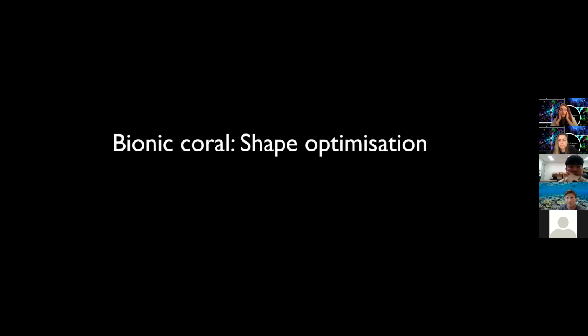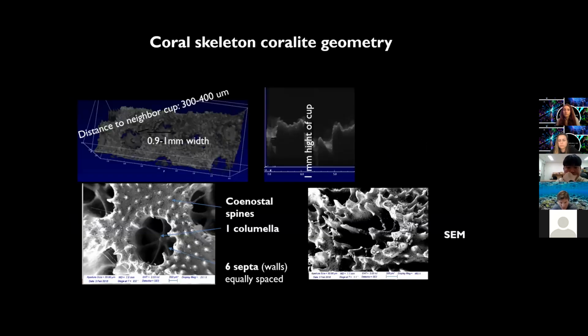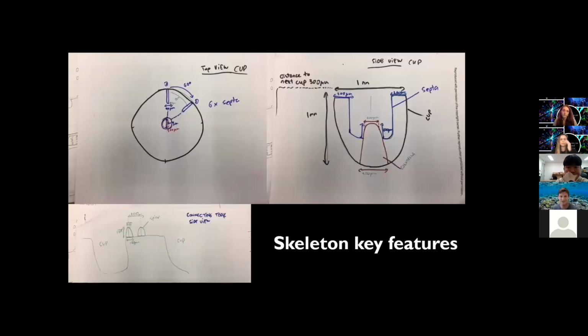And so after we had done all these architectures, we were interested in creating a more simplified bionic coral with the primary aim to optimize light propagation. So we started off looking at Stylophora and looking at the skeletal architecture, looking at the key features, and trying to optimize that, with some simple drawings and understanding a bit better what's going on in terms of the skeletal optical properties and light distribution.